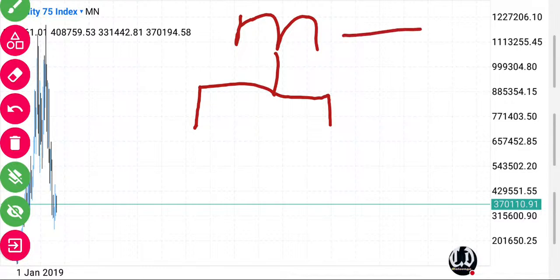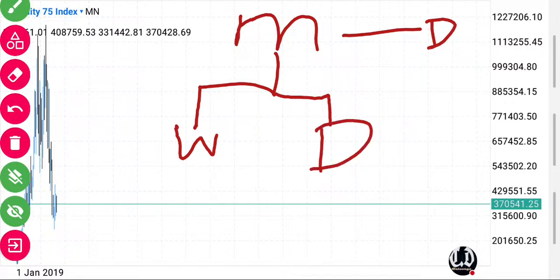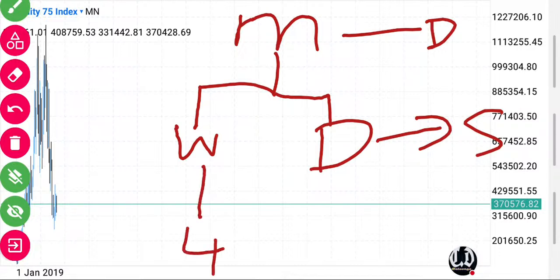After getting our direction, we have to make our structures from weekly here. Here we have daily. This is structures here. So we go to the entry time frame. Here we have H4. Here we have H1.